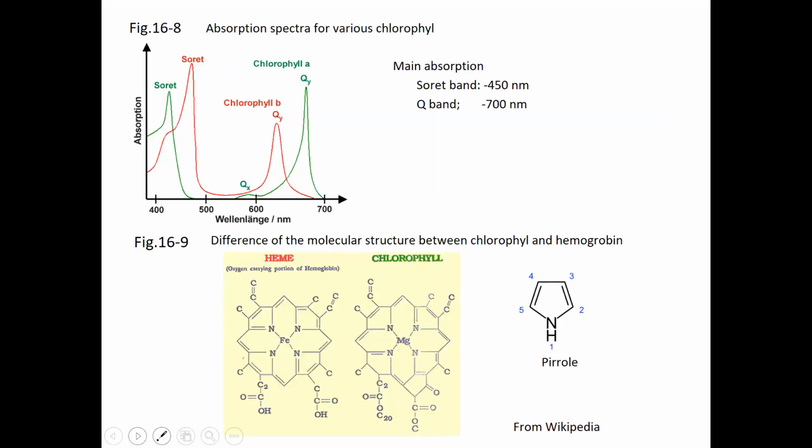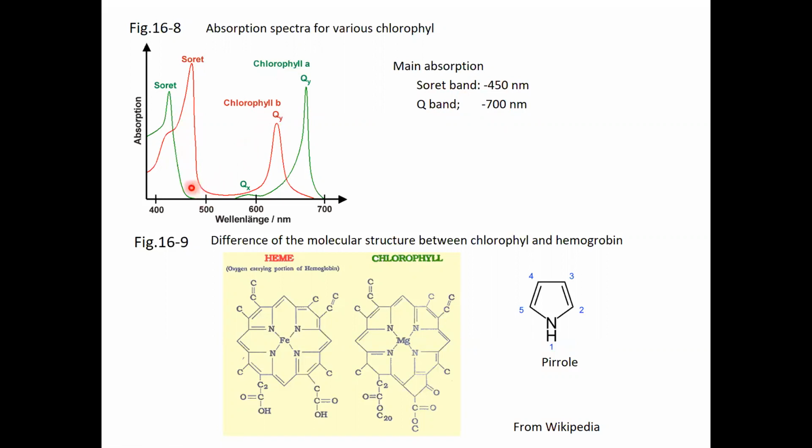And actually, as you see in the leaves of plants, you see the color green, and this green color is given by this structure. Especially for chlorophyll, there are two typical absorption bands called the Soret band and the Q band. You could see two different types of chlorophylls.